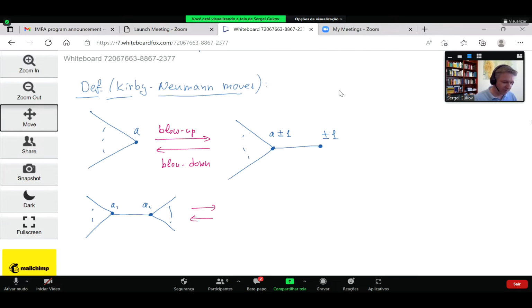This is totally fine. We keep the rest of the graph intact, but like in the first case, we create an additional vertex and additional edge labeled by plus minus 1. And we change the labels of the other ones accordingly. So this becomes A1 plus minus 1. This becomes A2 plus minus 1, depending on the sign of the new one. Is this clear? Any questions?